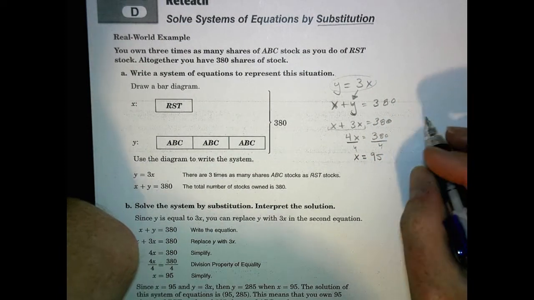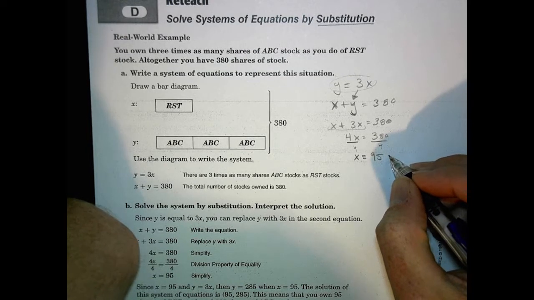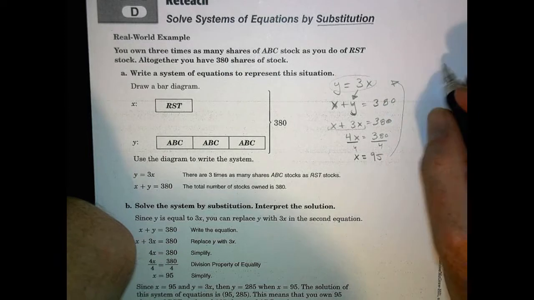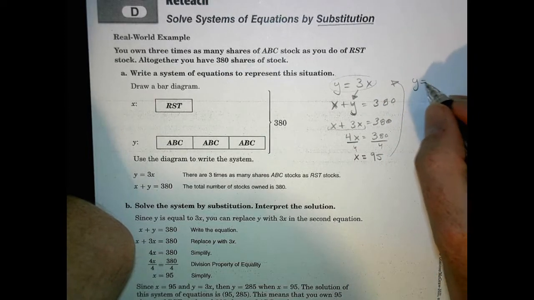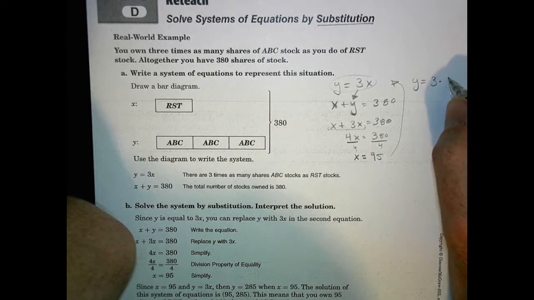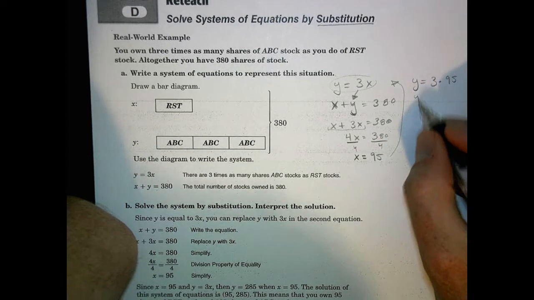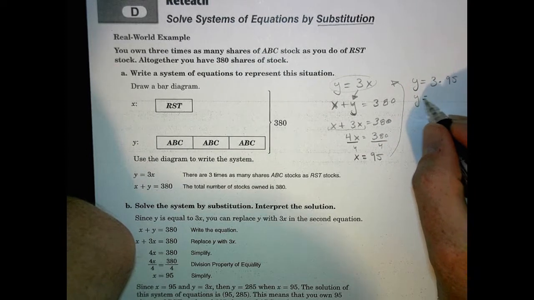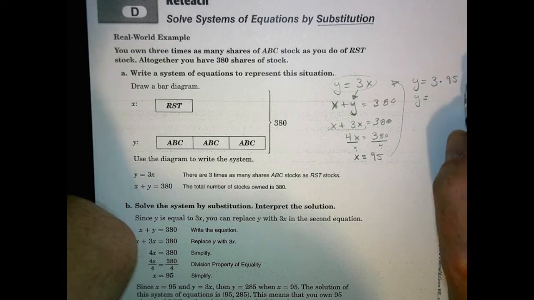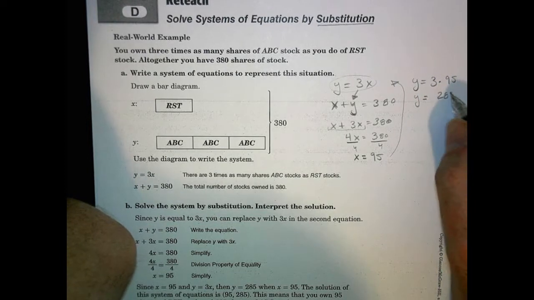Now that I know that x equals 95, I can plug that back up into my original equation, this one here, and say that y is going to be equal to 3 times 95, because that's the value of x. And 3 times 95 is equal to 285.